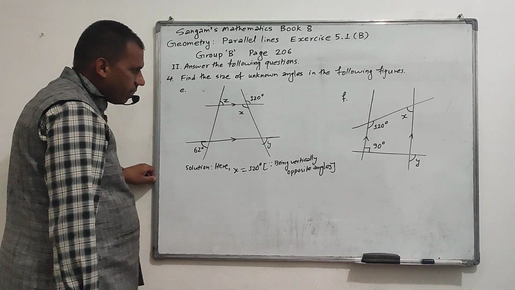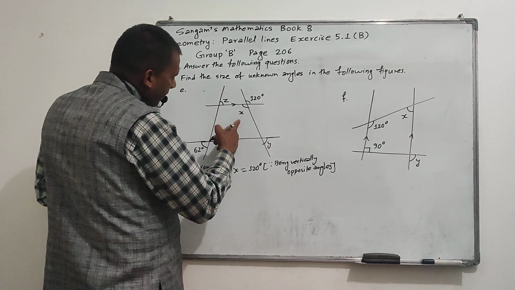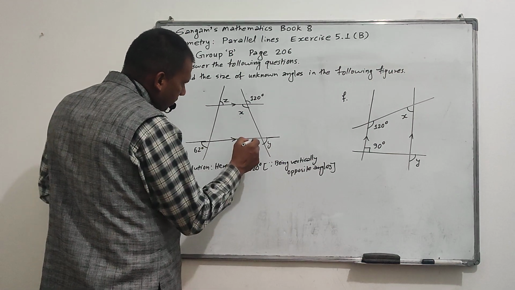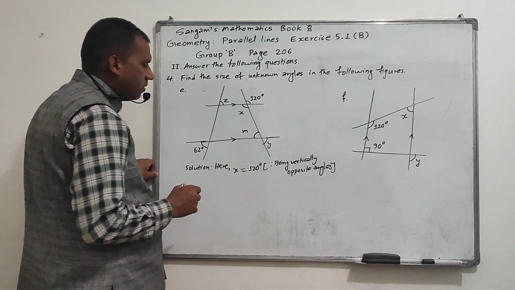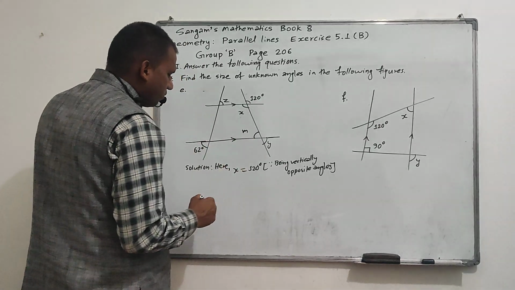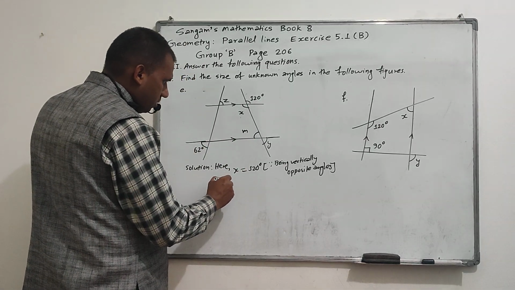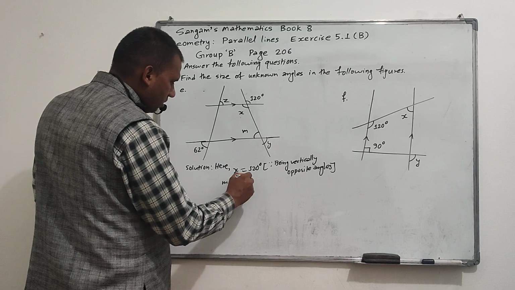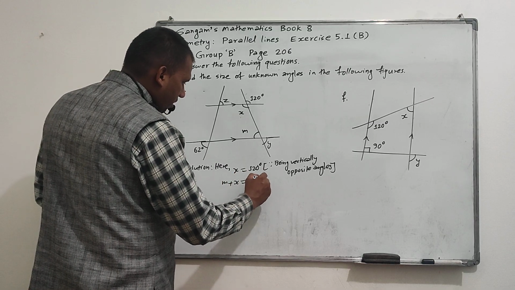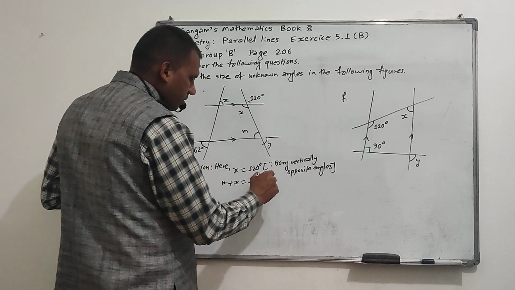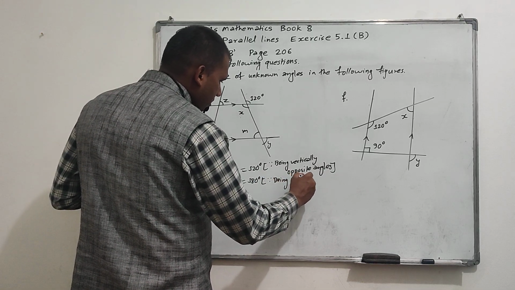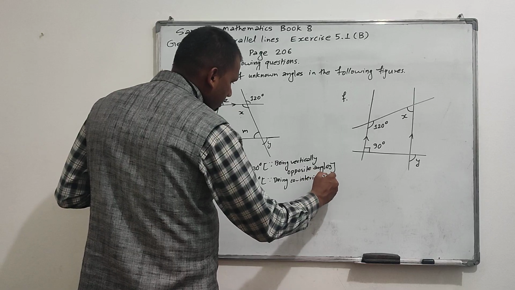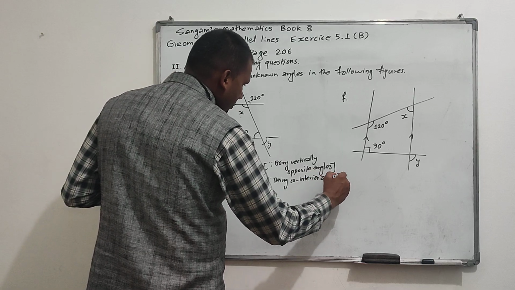Now x and this angle, suppose M. Now x and M are co-interior angles, so we can write M plus x equal to 180 degree, being co-interior angles.